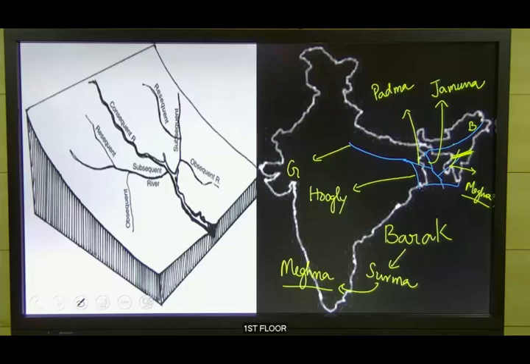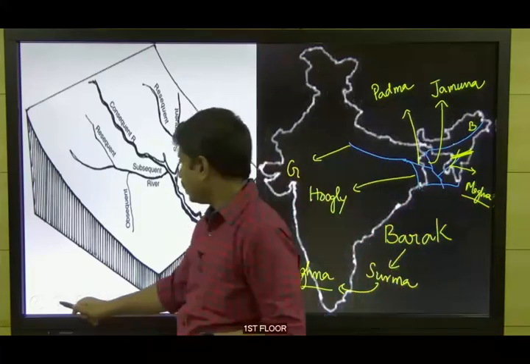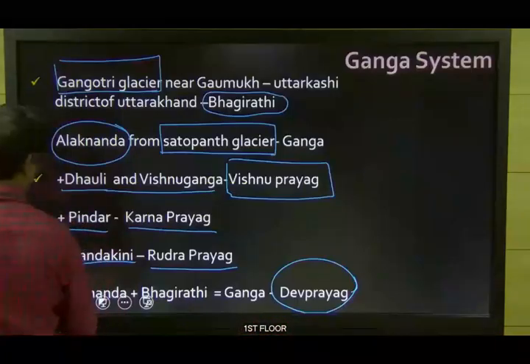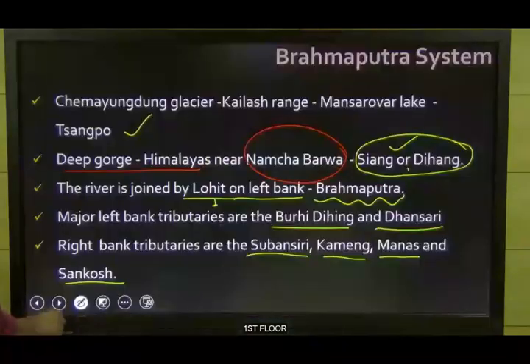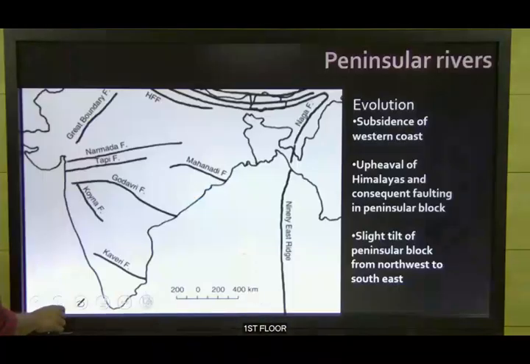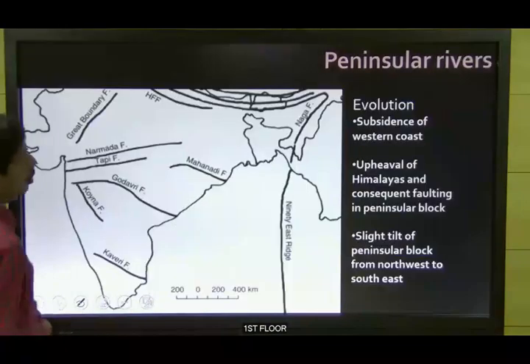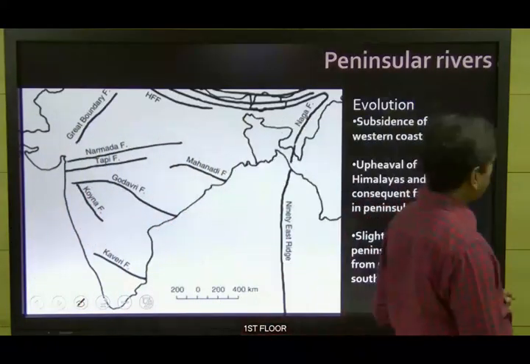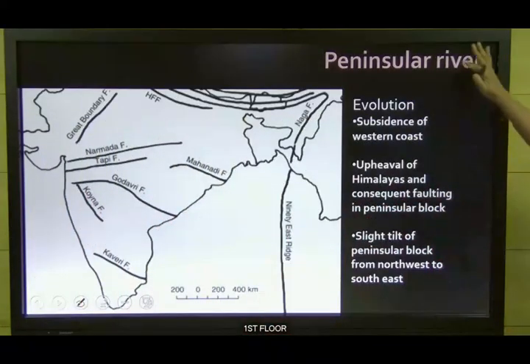Okay, we will move ahead with the peninsular rivers. Okay, so the evolution of the Gangetic river, I will take it at last. Here, peninsular river.